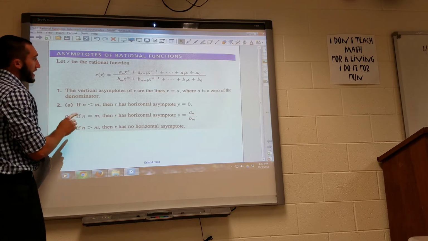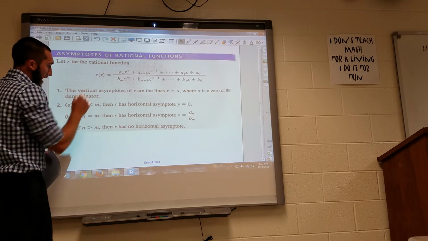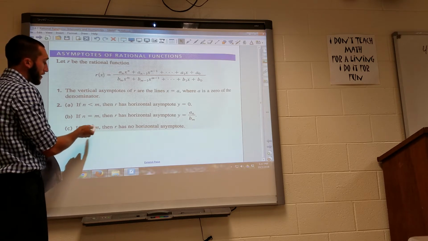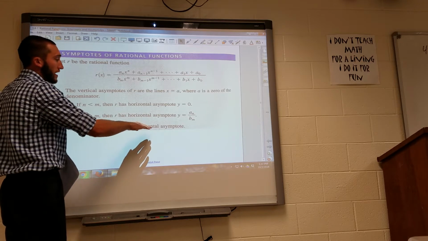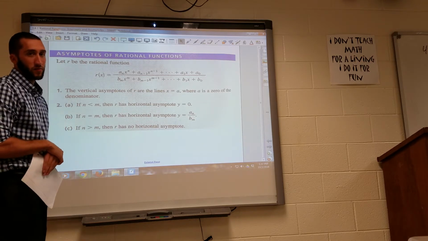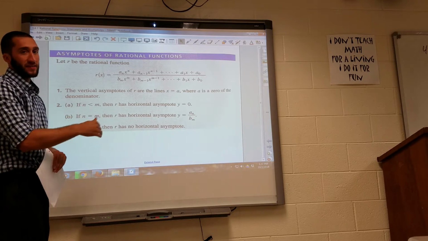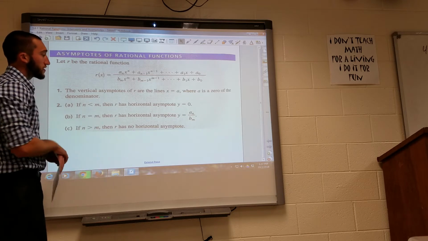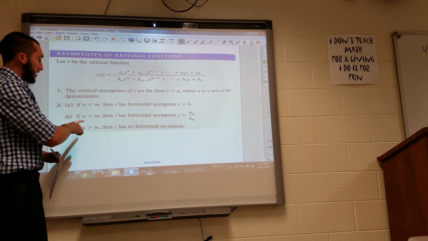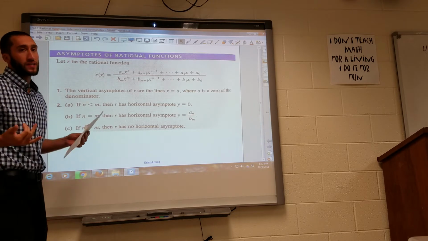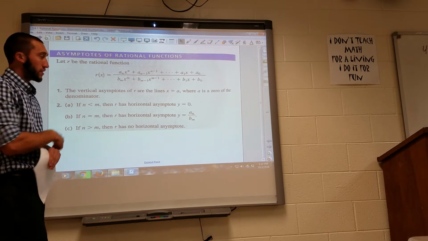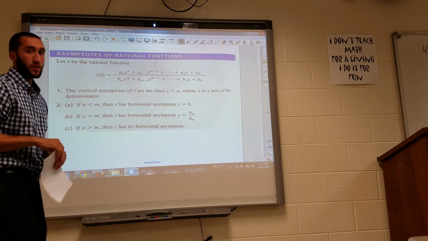Finally, if the numerator has a larger degree than the denominator, then we have no horizontal asymptote, we have a slant asymptote, which we'll get into in the next lesson. So we won't cover this case. As far as today is concerned, if the numerator is larger, we'll just say it has no horizontal asymptote, which it doesn't because it's a slant.